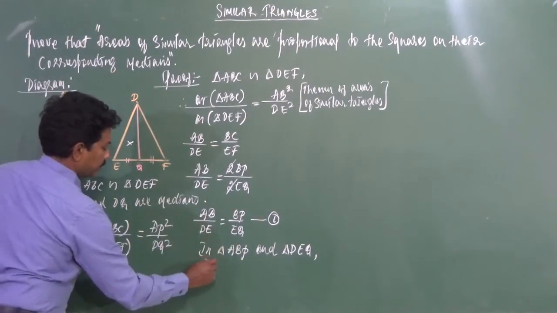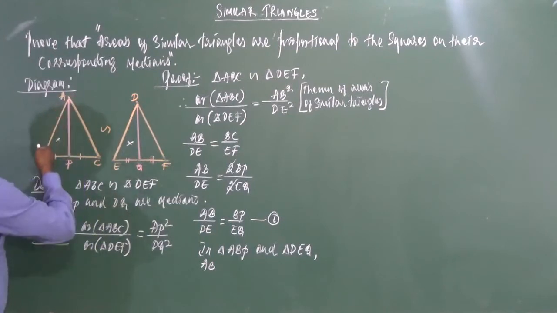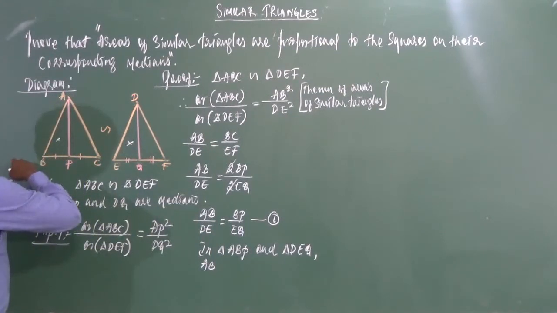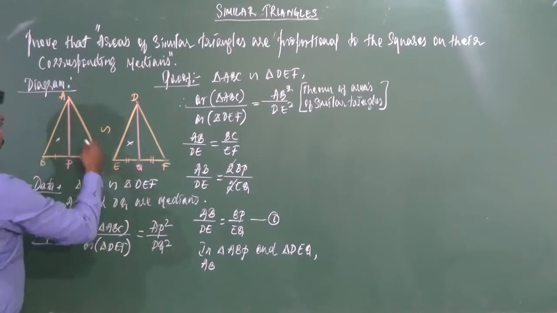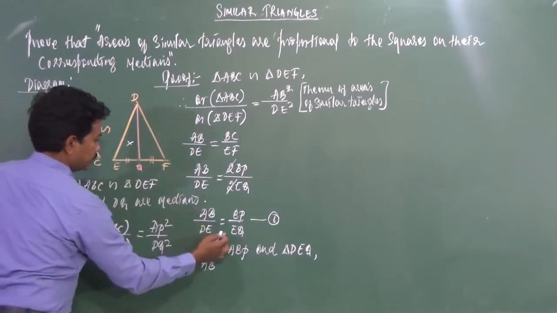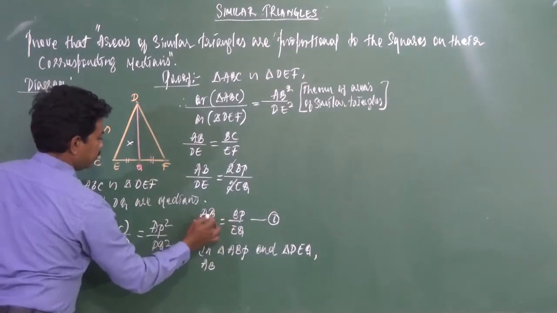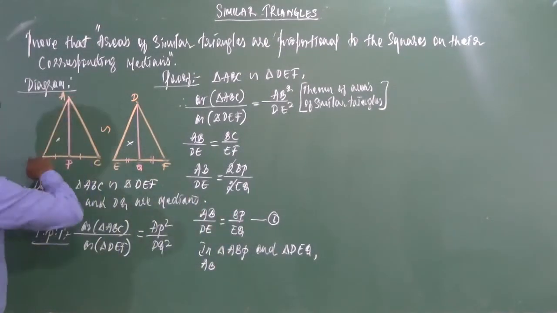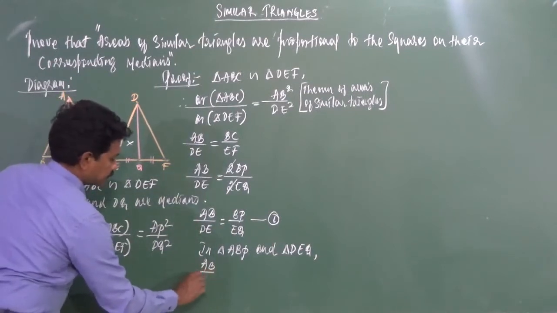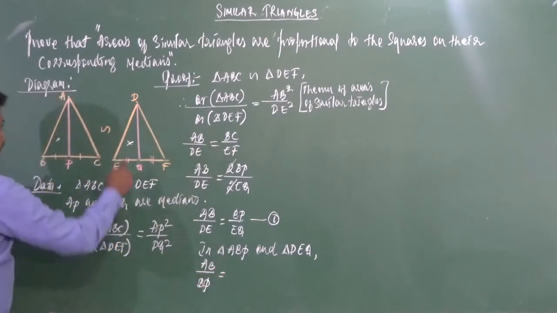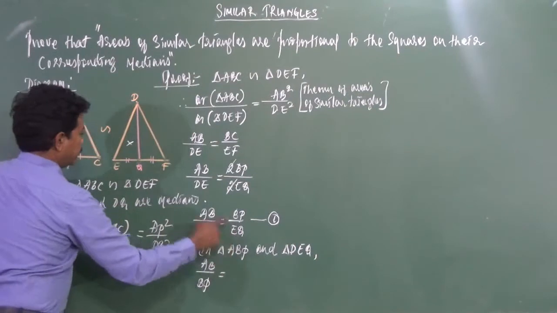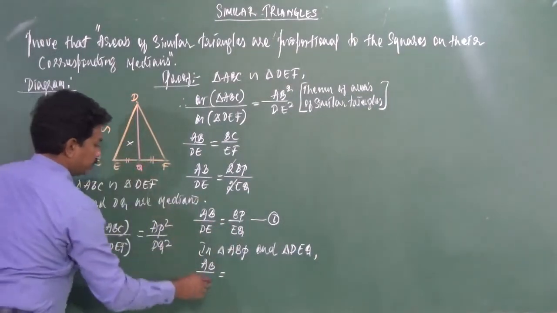AB by DE is equal to BP by EQ. This is proved, but we are going to take it like this: AB by BP is equal to DE by EQ.